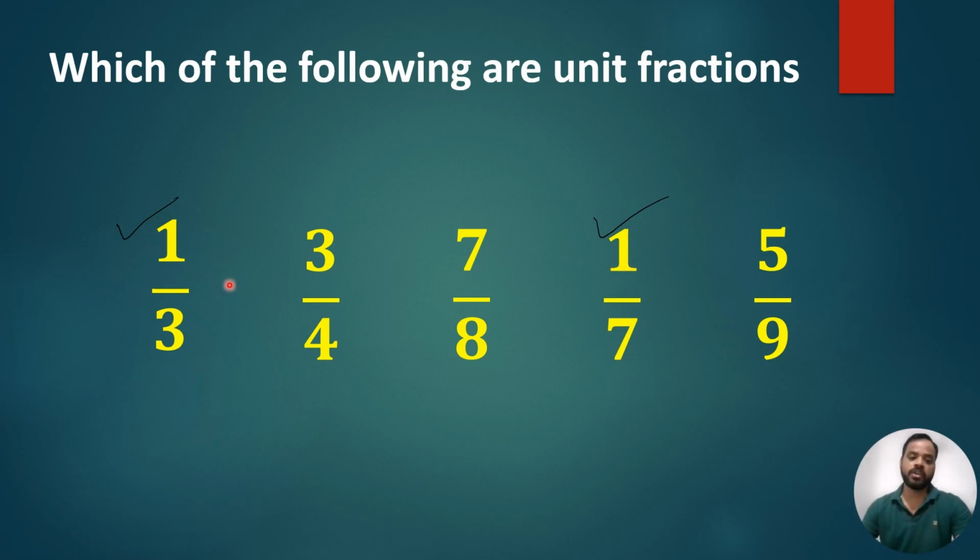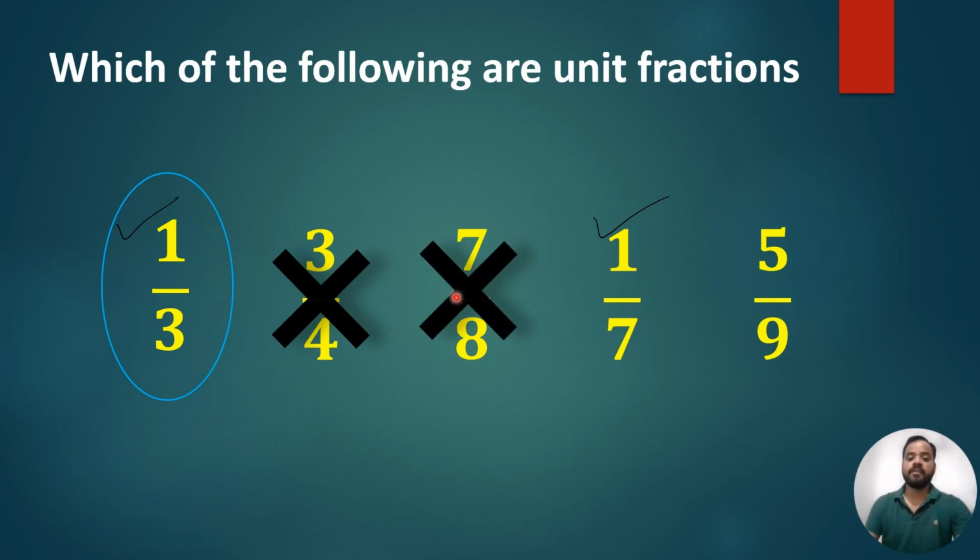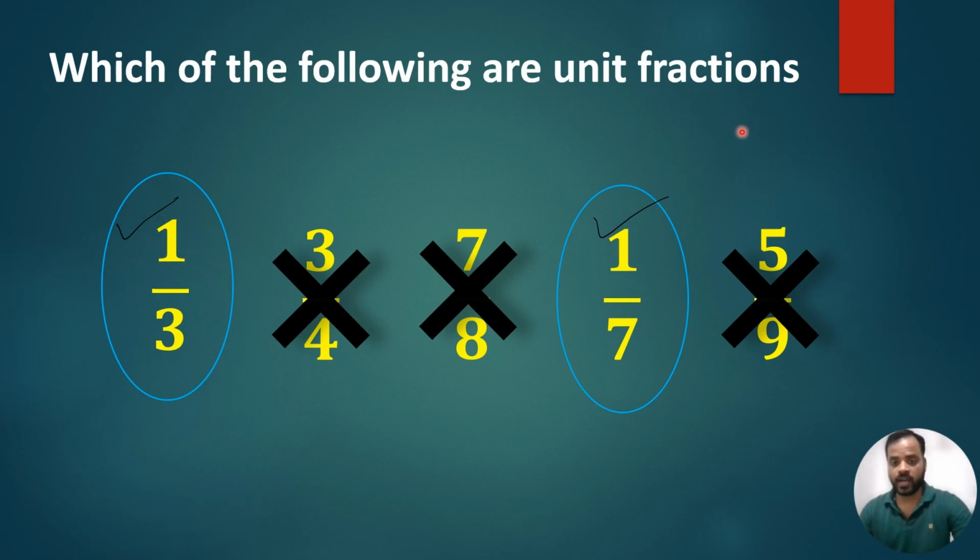So here 1 by 3 and 1 by 7 are unit fractions. 3 by 4 is not a unit fraction because the numerator is not 1. 7 by 8 is not a unit fraction because the numerator is 7. 1 by 7 is a unit fraction because the numerator is 1. 5 by 9 is not a unit fraction because the numerator is 5.